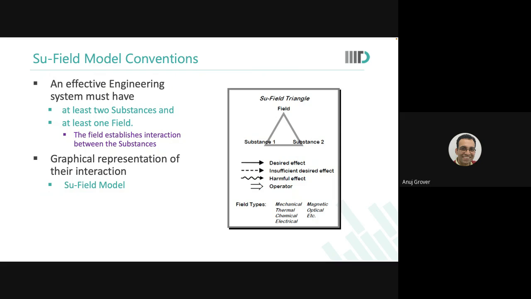There can be more substances, but at least two, because every engineering system exists for some interaction, even if with the user, but at least two substances and at least one field, because that interaction could also be happening optically, visually, acoustically by sound, mechanically by touch, pushing, applying force, so many different ways, but at least one way.